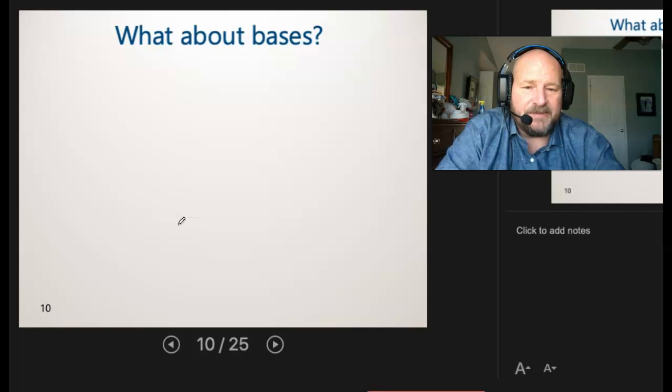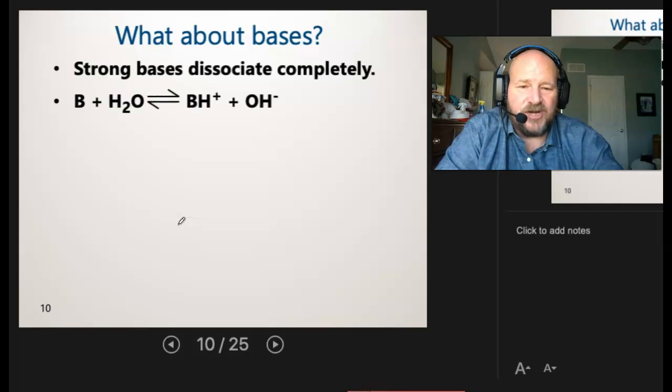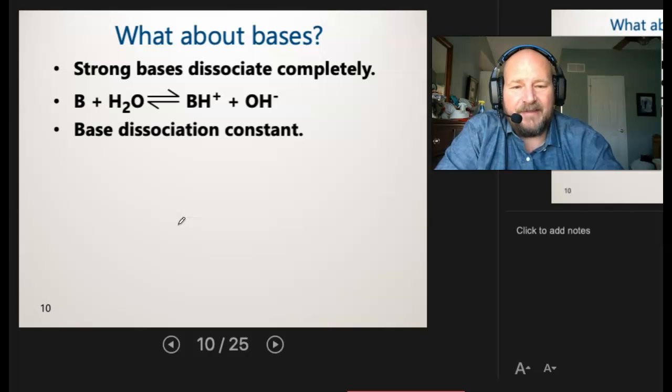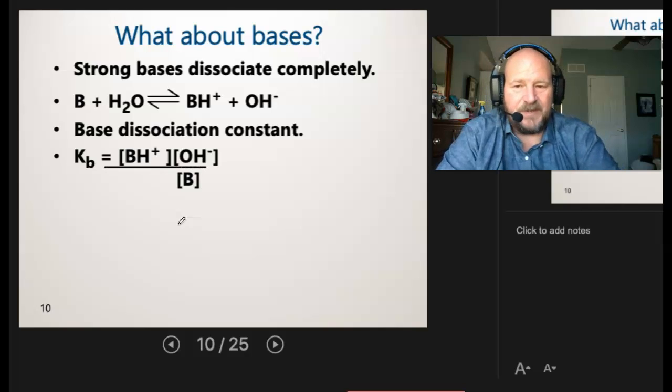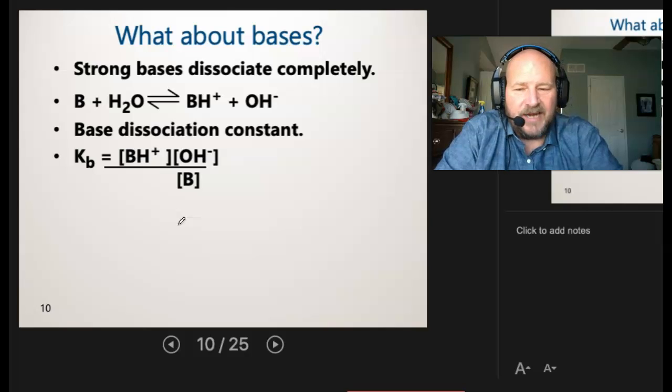Now, what about bases? Bases can also do the same thing. We can set up the same general equation, and guess what? We can also set up the same math, except now instead of Ka, we're going to look at Kb. The process is the same though. It's products over reactants.